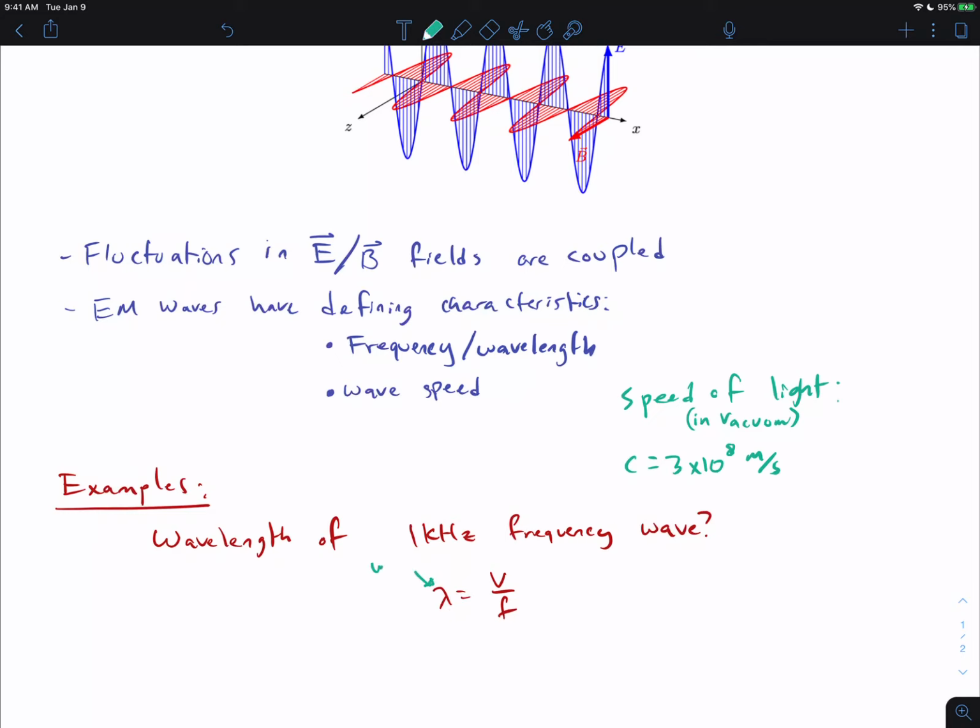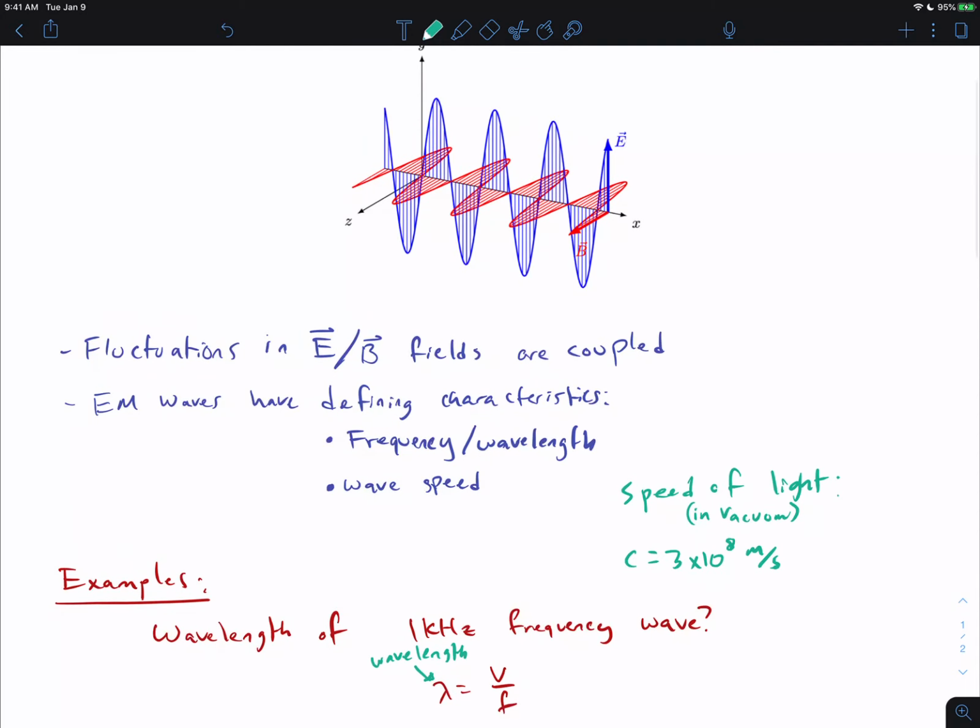And remember, this literally means the length of my wave. So I have my wave drawn here. If I have this wave, remember my wavelength in space literally means how far is it from one end to the other of my wave, right? So from here to the end of my wave, how long is this?